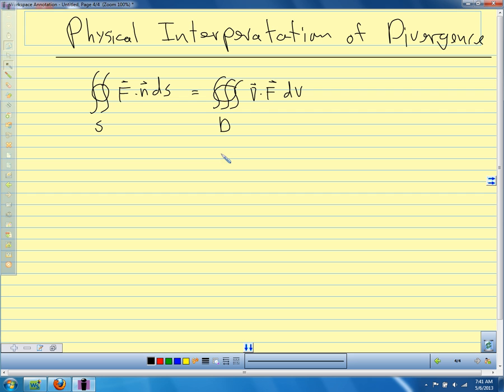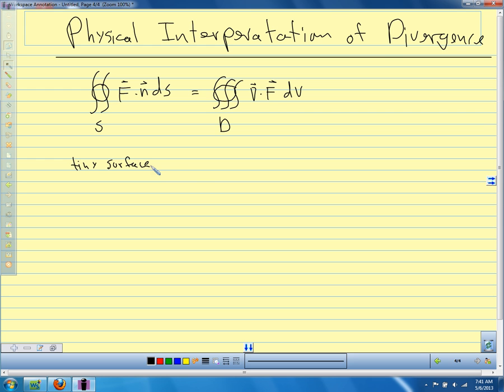All right, so we're going to visualize a tiny surface. The flux through that surface, so we're talking about just a very, very tiny piece.